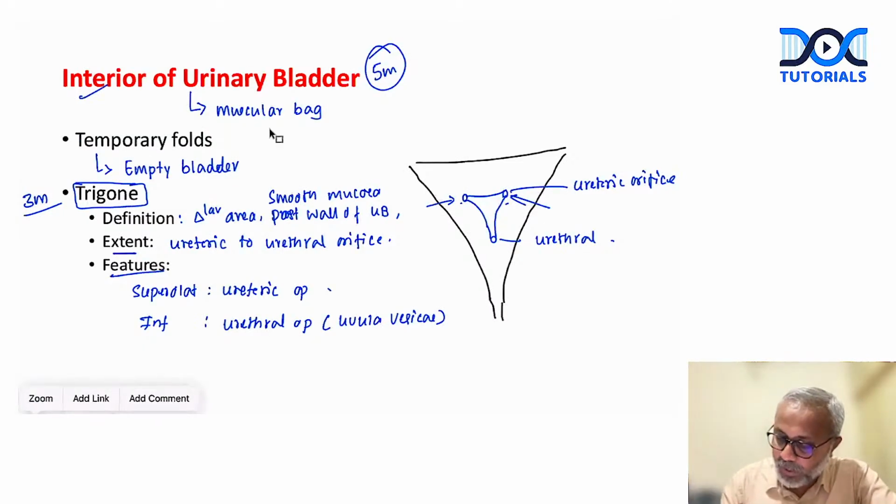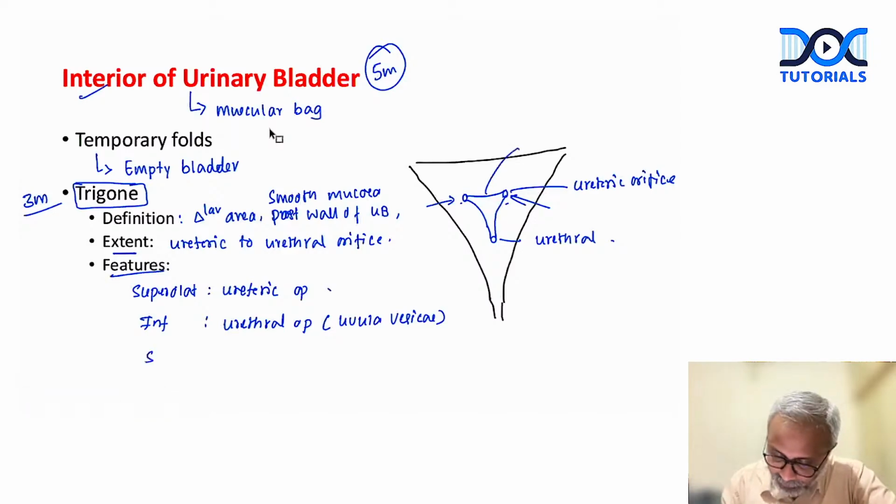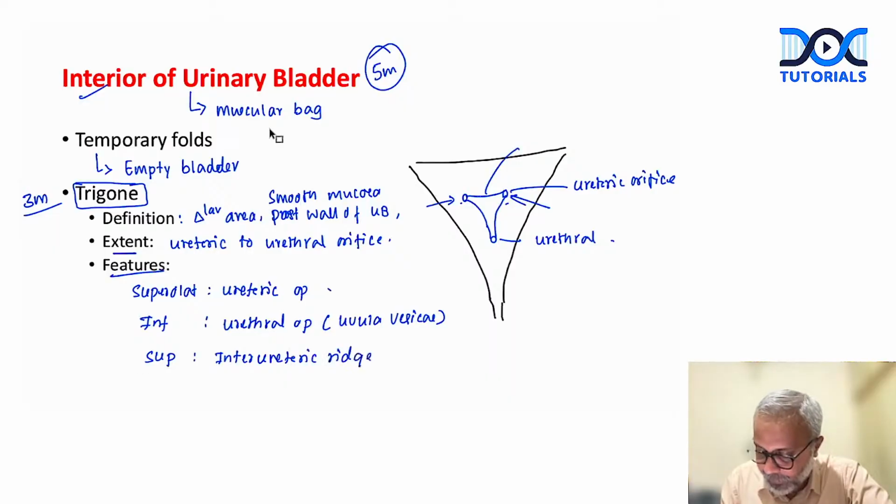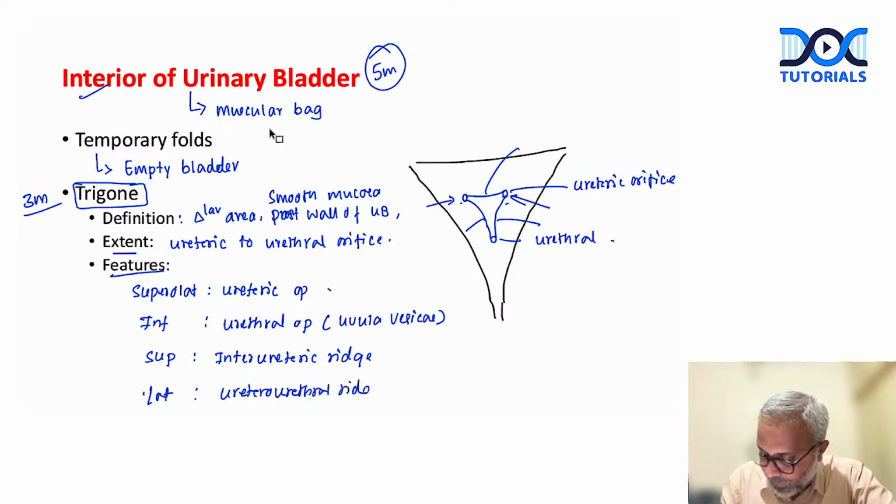Then what about the superior boundary, right? The superior boundary is formed by the interureteric ridge, right? Then what about this? These are called as, laterally we have ureteric ridge, right?